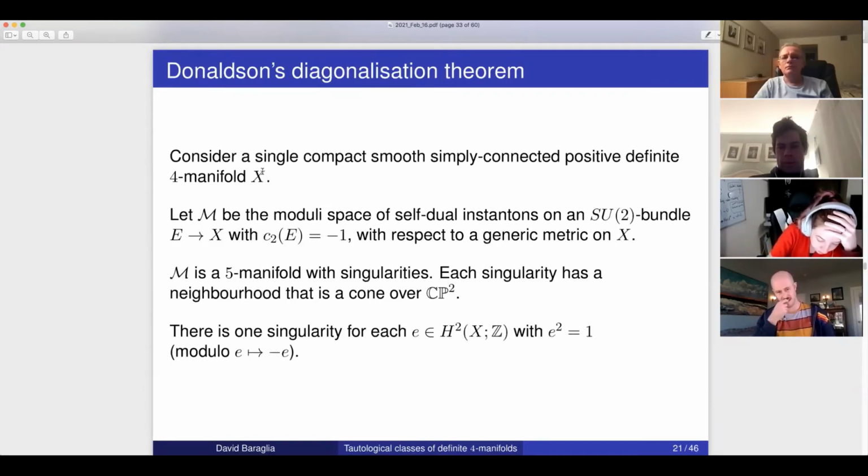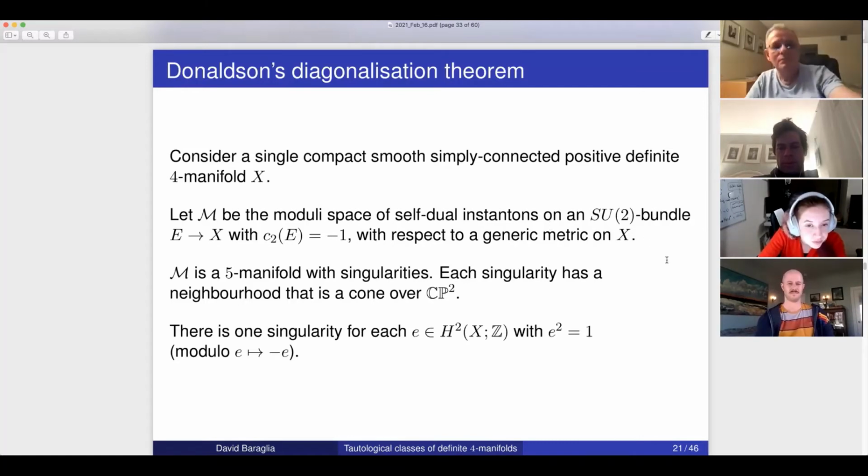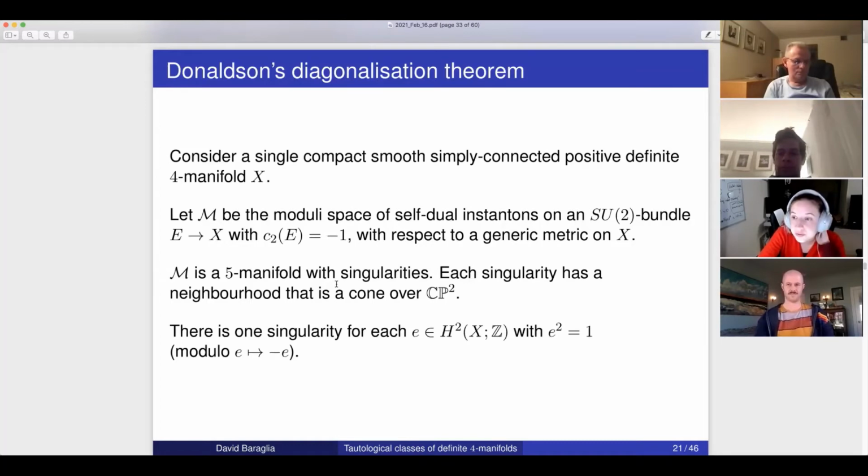We have a definite four manifold X, and you consider the moduli space of self-dual instantons for an SU2 bundle whose second Chern class is -1 with a sufficiently generic metric. Then it's going to be a 5 manifold with some singularities.